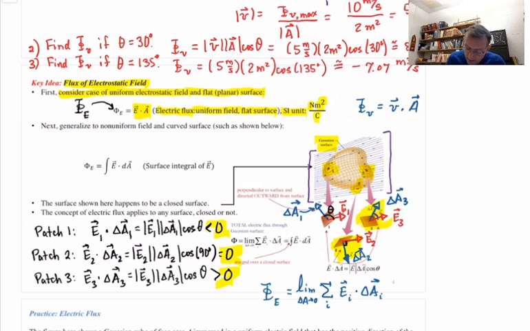And then you have an integral. It's called a surface integral. And we put a little circle on it to denote that it is a closed surface integral. That's what that little circle means. And inside that integral symbol, we have E dot dA. That's still just a fancy way to denote what I wrote right here. Take the E dot dA's for all the little patches and add them up to get the total.